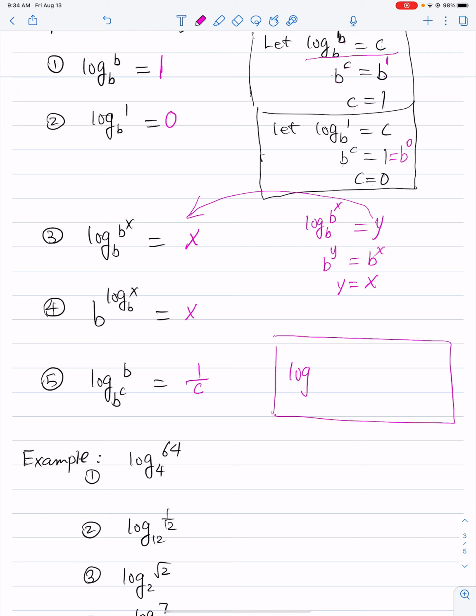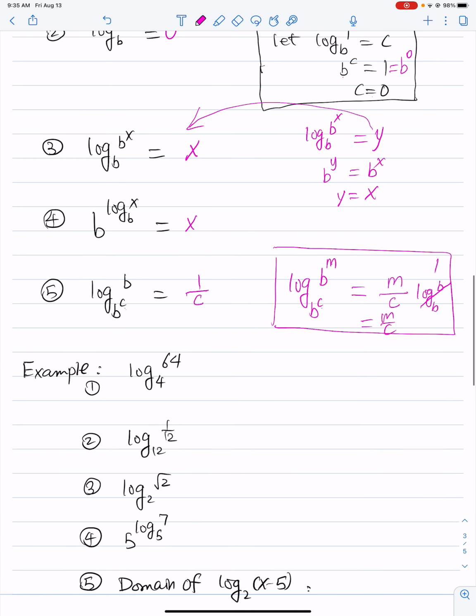If you have log_b of b^m over c, what will it be? Power on the top, keep it on the top. Power on the bottom, move it to the bottom. And then you have log_b b. What is log_b b? 1. So it's m over c.